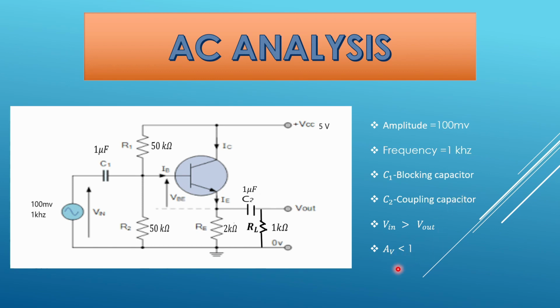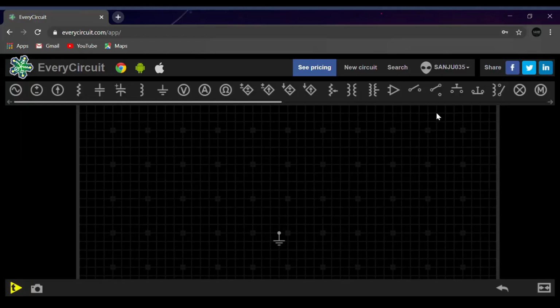So as we now saw our calculations for DC and AC analysis, let's go into everycircuit.com and start simulating the values and check if both values are correct. So let's go. Here we are in everycircuit.com. Now let's check all the features which are available here.